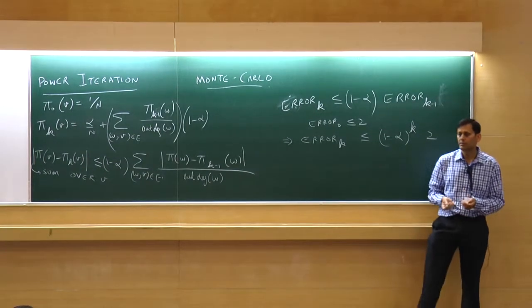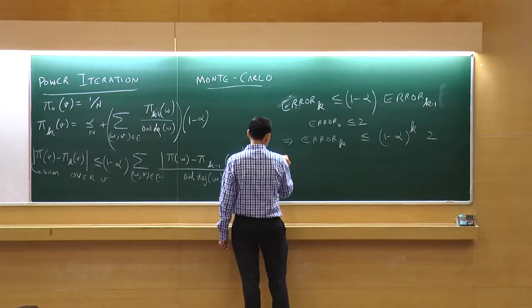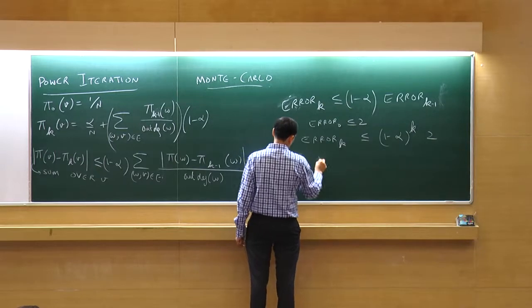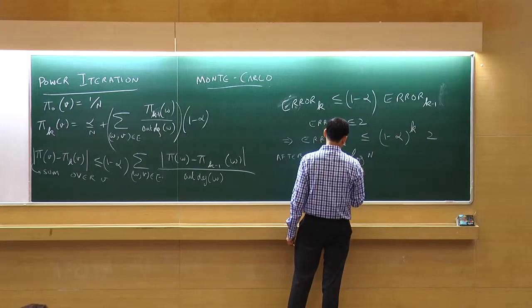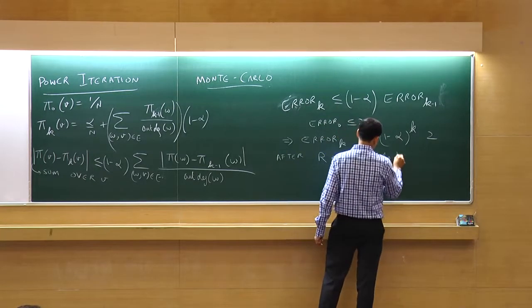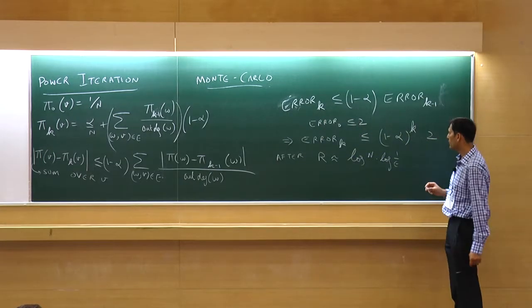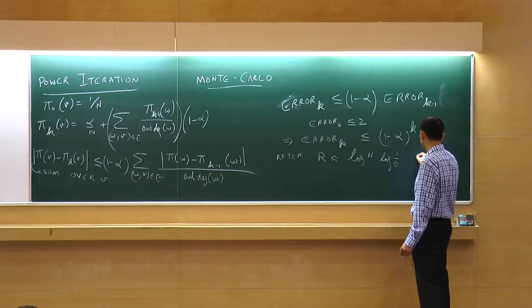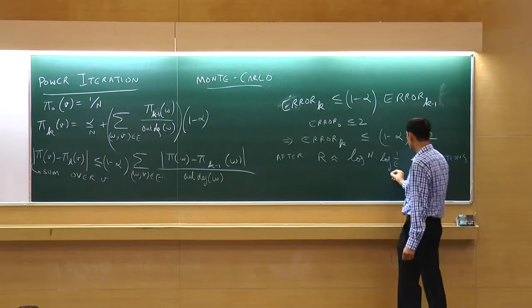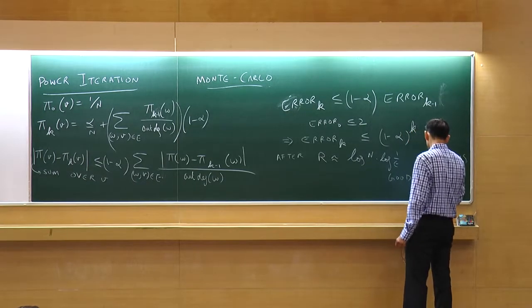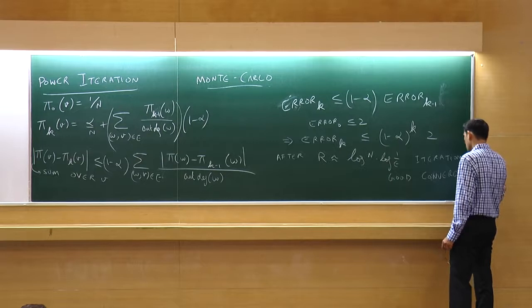Does that make sense? So, which means that after something like log n times log of 1 over epsilon iterations, you get good convergence.